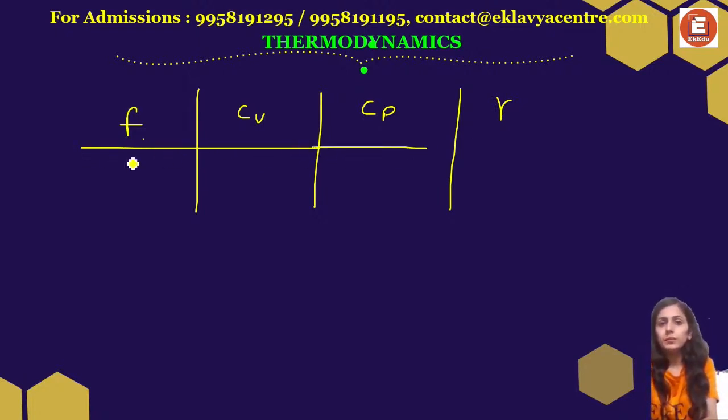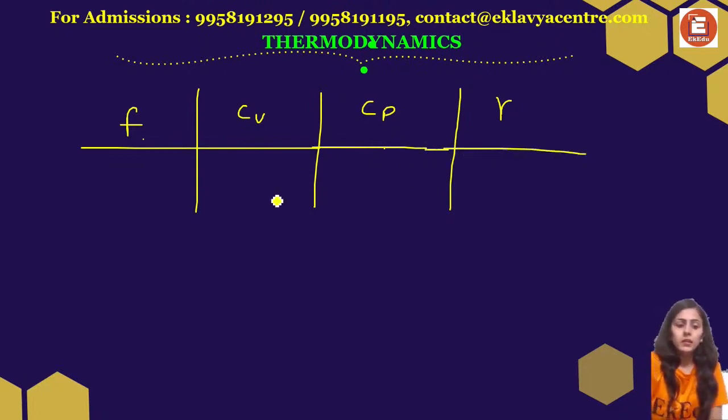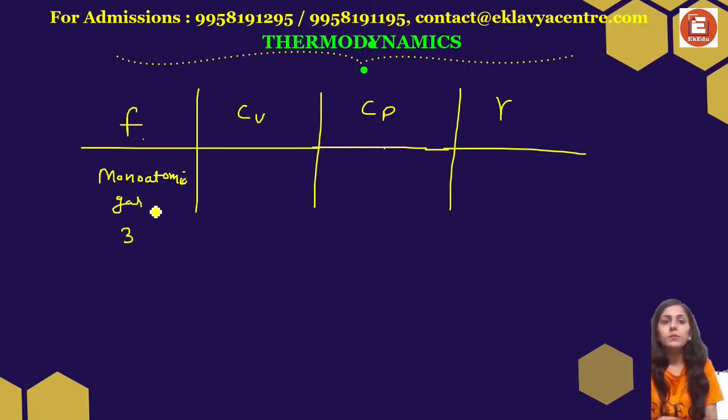Degree of freedom for a monatomic gas is 3.